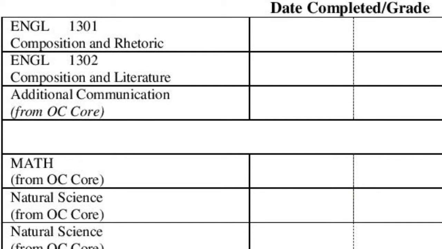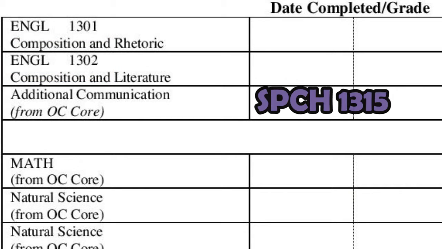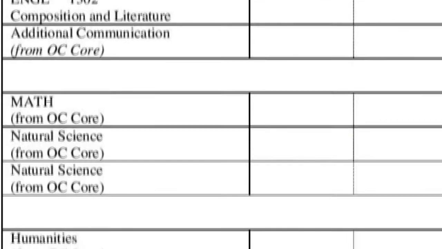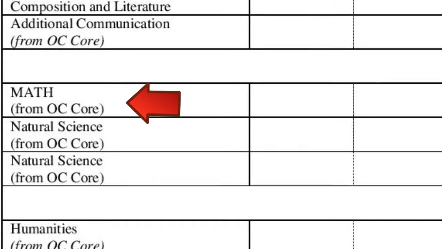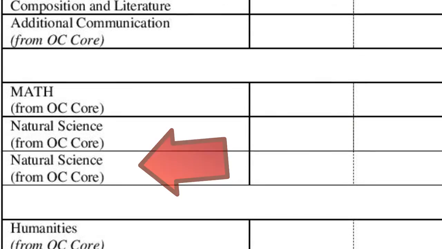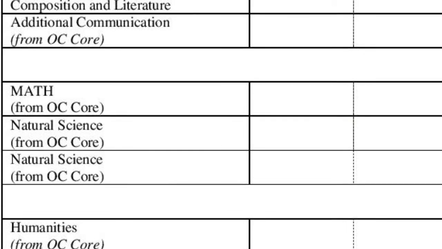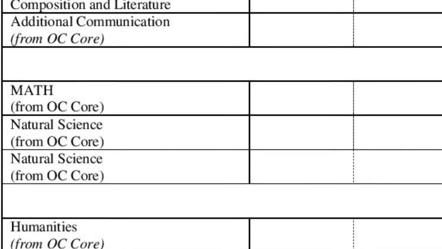There are 9 hours of communication which are required. These consist of English 1301, English 1302, and 1315 speech. In the next section, there is 1 math and 2 sciences required. There is an important fact to remember when planning your course schedule.